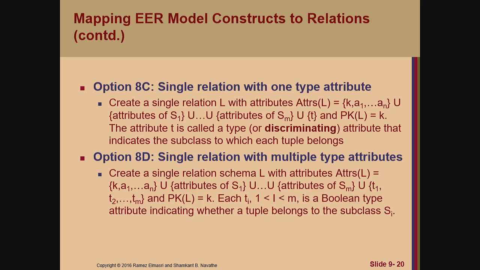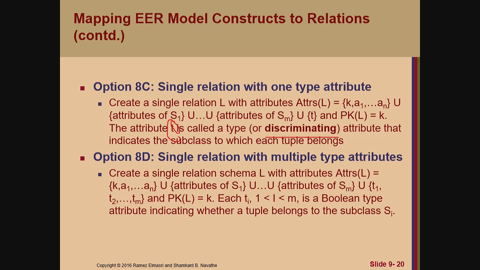And C, we need the attribute T to discriminate the type of the subclass. This one remains only one relation, or one table, but we need one attribute as a discriminator to show which subclass the superclass belongs to.